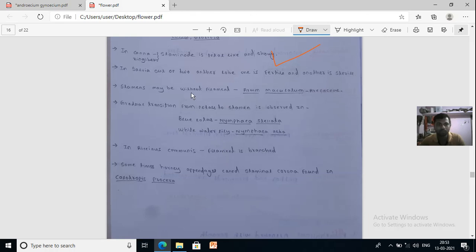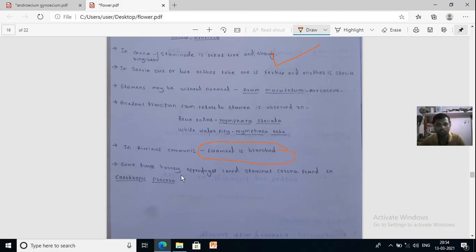Stamens may be without filament, as in Arum, family Araceae. The gradual transition from petal to stamen is observed in blue lotus, Nymphaea stellata, and white water lily, Nymphaea alba. In Ricinus communis, the filament is branched. Most often it comes in the examination, in which plant the filament is branched.